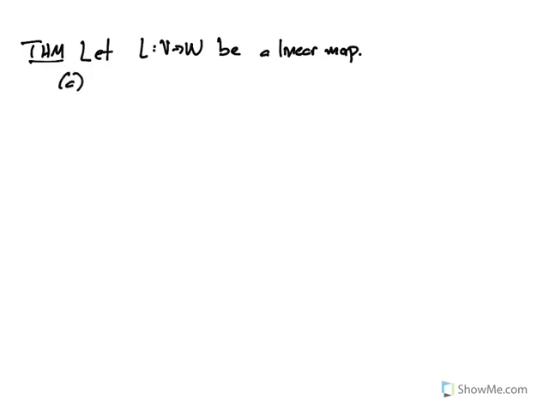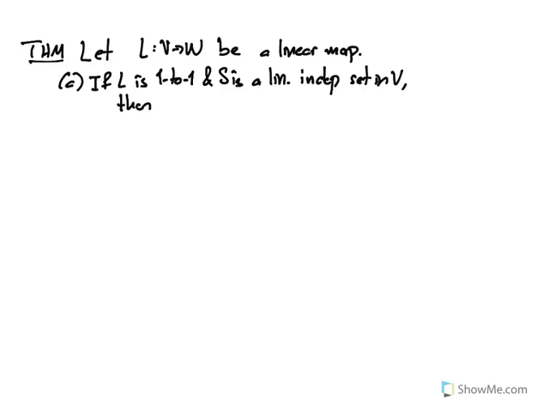First of all, if L is 1 to 1, and S is a linearly independent set, then L of S is a linearly independent set in W. In other words, a map that's 1 to 1 maps linearly independent sets to linearly independent sets.